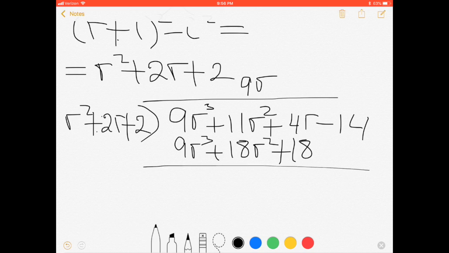If we subtract, it will be minus 7r squared, minus 14r here, and minus 14.